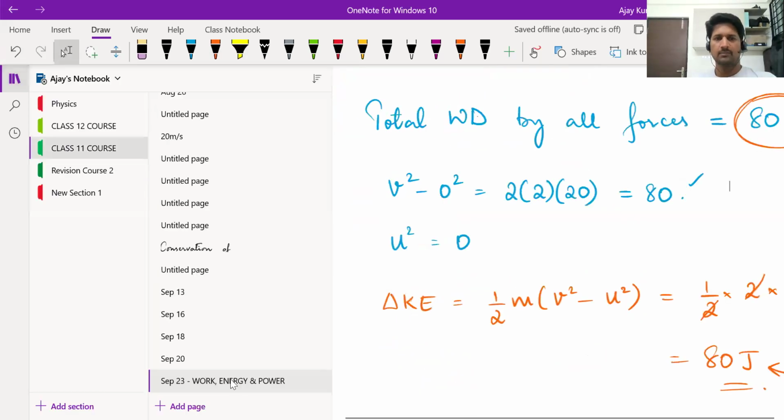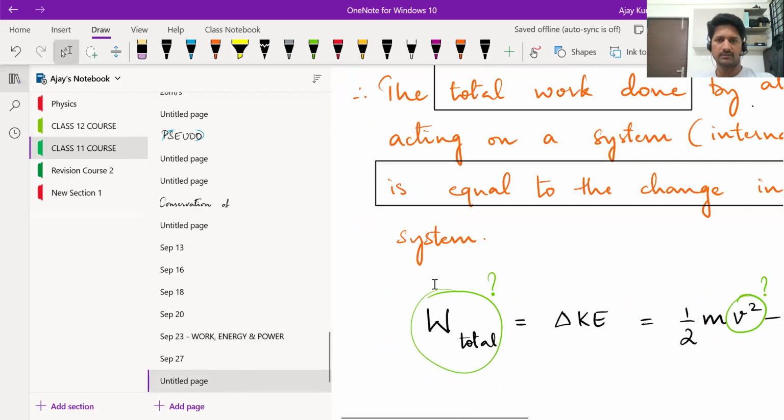Okay, let's apply the work energy theorem now in some questions.